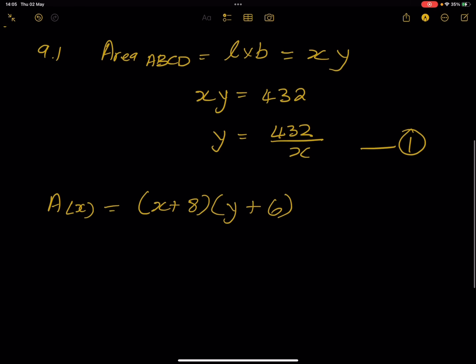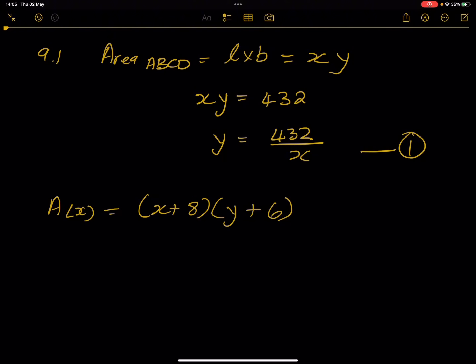Okay, I hope that makes sense, ladies and gents. Right, but I remember what is my value for y. Okay, that's 432 over x. Actually, let's substitute that later. So if I multiply this throughout, this will be x times y plus 6x plus 8y, plus 8 times 6.